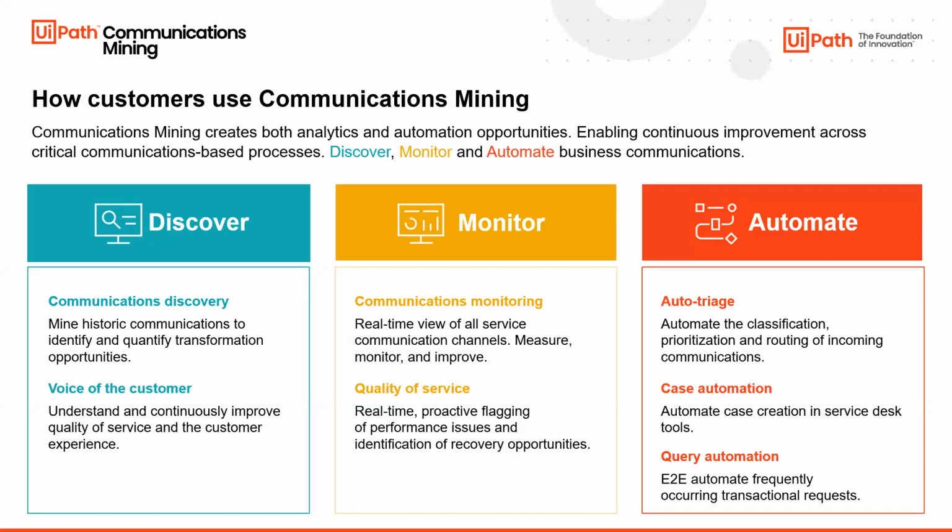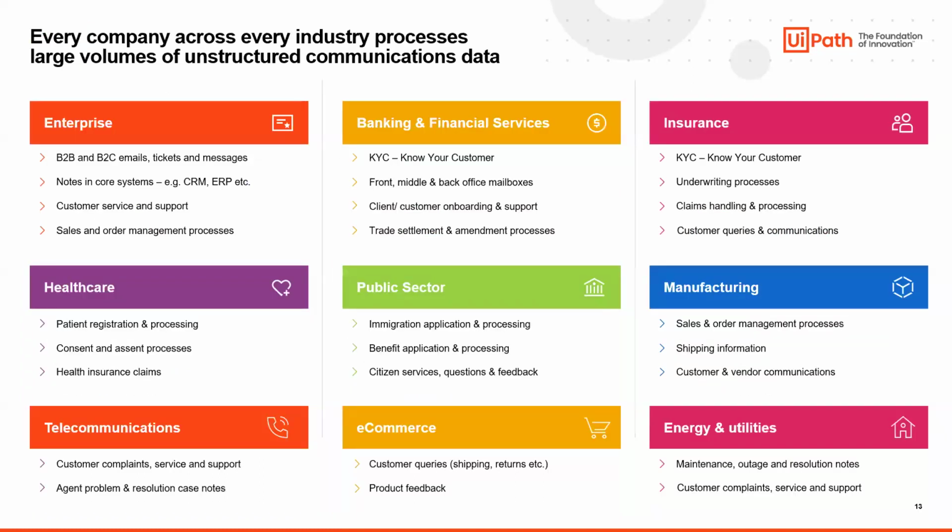If you want to do automation, you would have limited labels. You don't want to have 150, 200 labels to automate. You have to combine those together. So there are a few nuances that we need to take care of before we start the project. That's where we decide what you want to do with comms mining. And these are a few use cases that you can automate in each of those sectors.